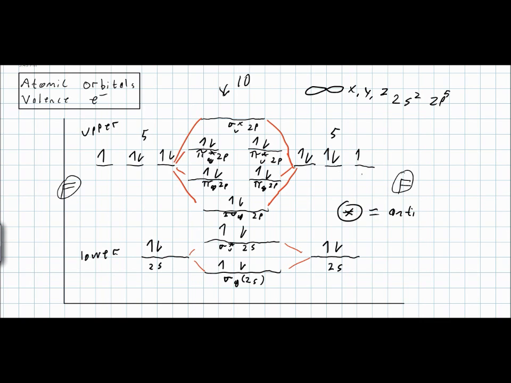So you have your x, y, z. Each one of these pi and sigma bonds in the middle have, respectively, z, z, and then you have y, y, x, x.